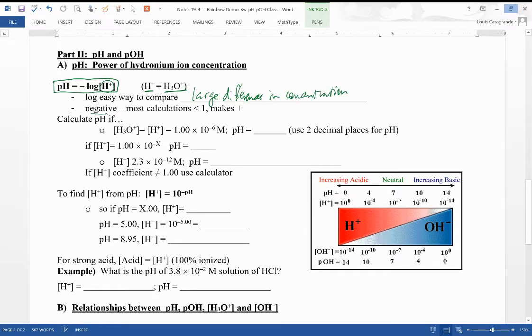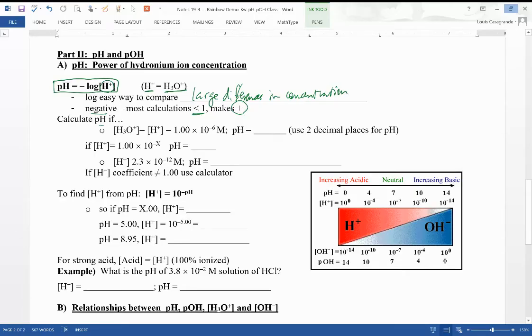And it's negative because most of these concentrations are less than 1, so it turns it into a positive number. Now, you can have negative pHs, and I'll show you how that works in a few minutes. And so if you have a hydrogen concentration and you want to calculate the pH, you just take the negative log of it.